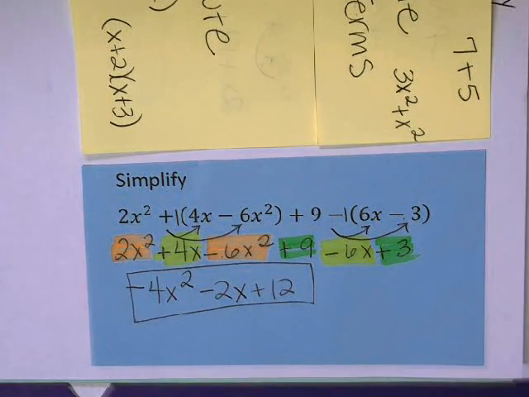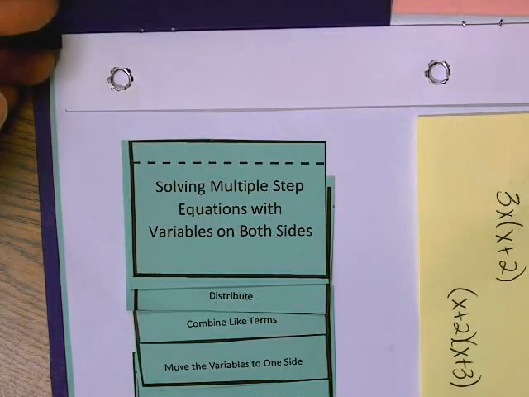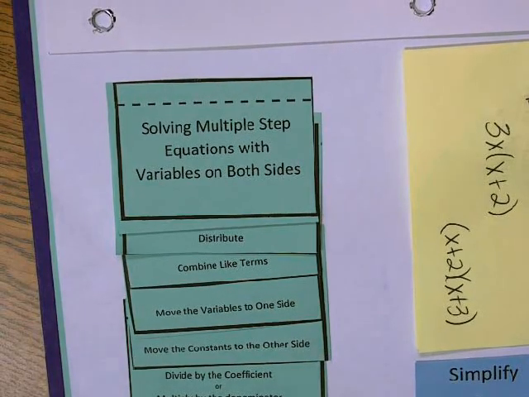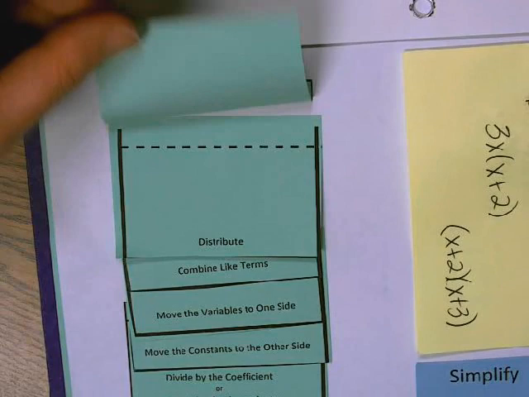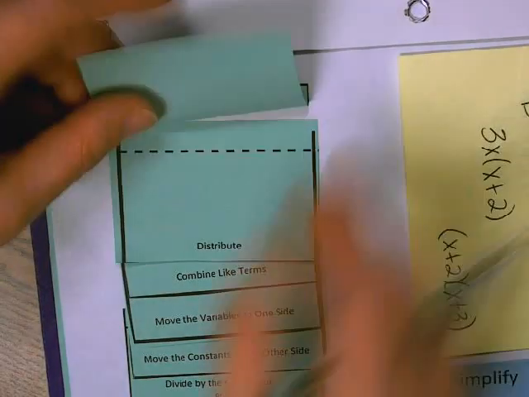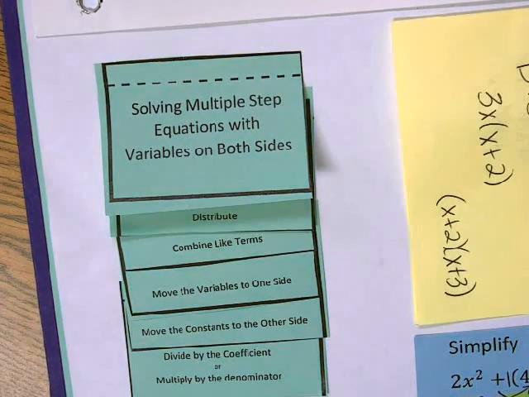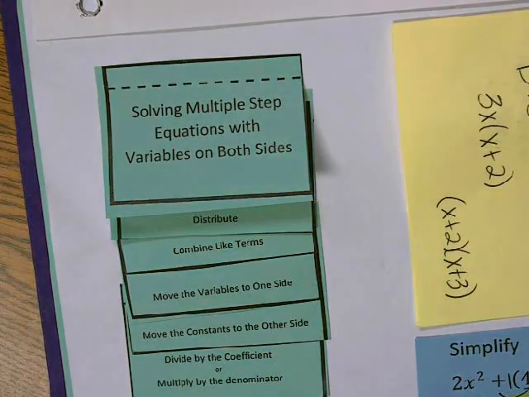Alright, the last thing on this page is this green foldable that says solving multiple step equations with variables on both sides. And if you open it up, we have no example of an equation, so we're going to have to write one in there. We'll put it on the outside right here. Let me get that equation and write it down for you.